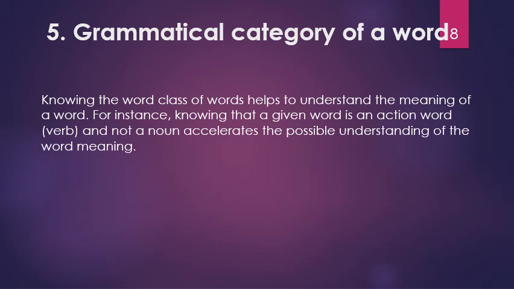For example, when you see the word happy appearing in a sentence like I'm happy, you know that happy here appears as an adjective. But when it appears in another sentence like his happiness makes me happy, then happiness here appears as a noun.